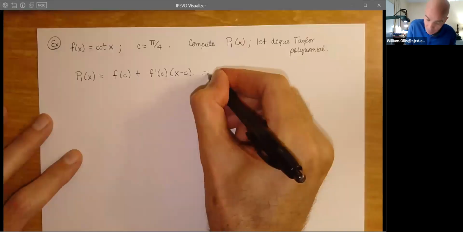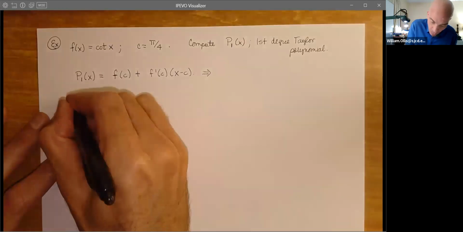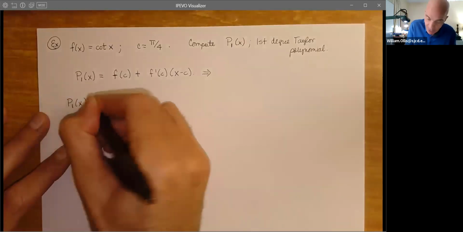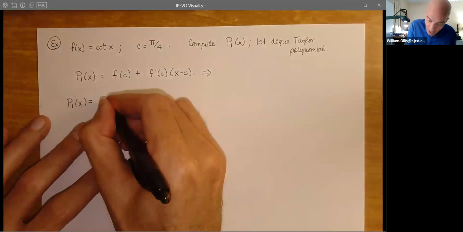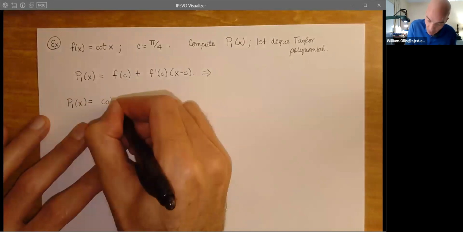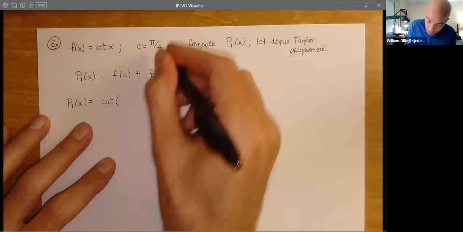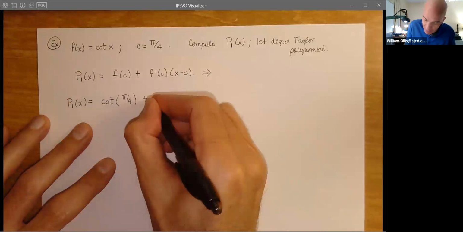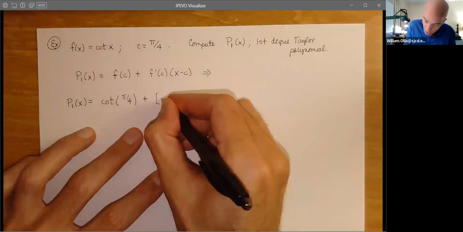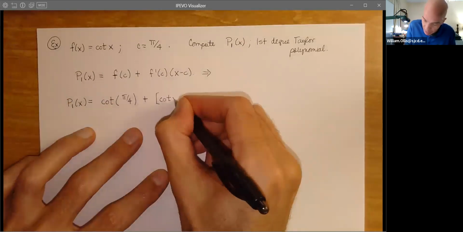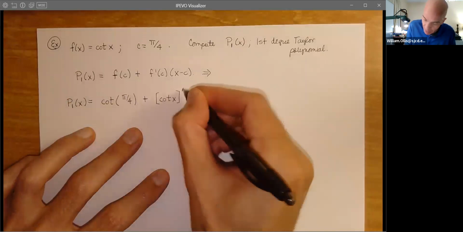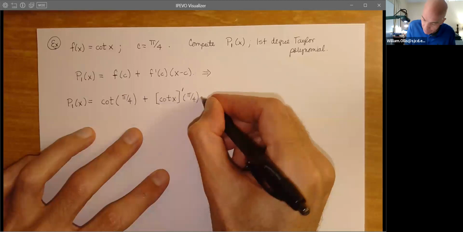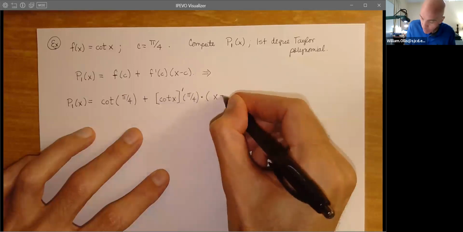So for our problem, we'll have P1 of x equals, in this case, cotangent of pi over 4 plus, now we're going to have cotangent x prime evaluated at pi over 4 times x minus pi over 4.